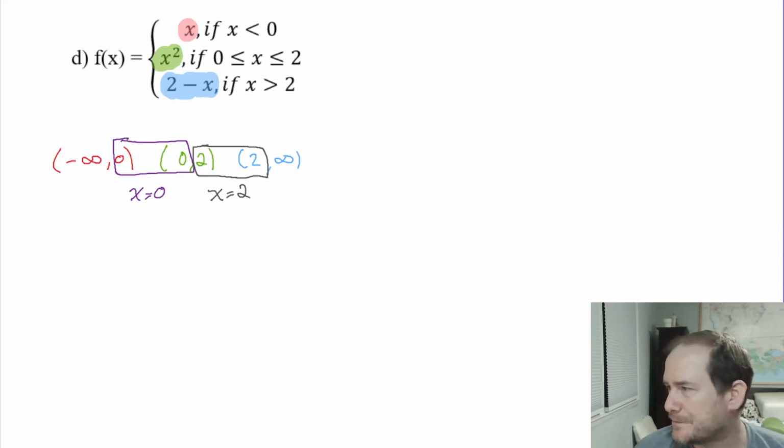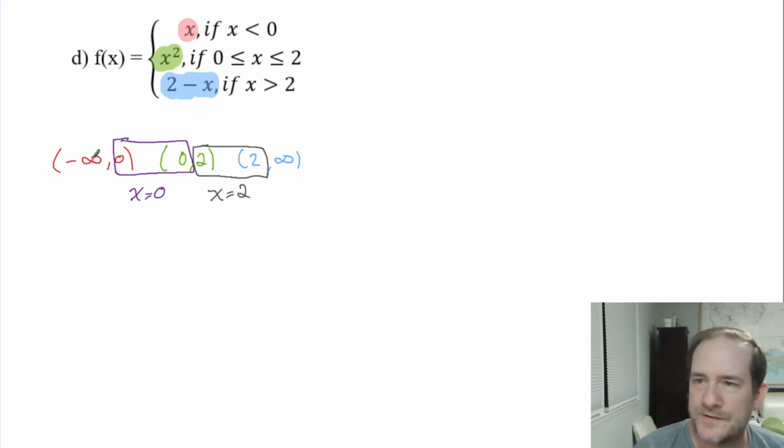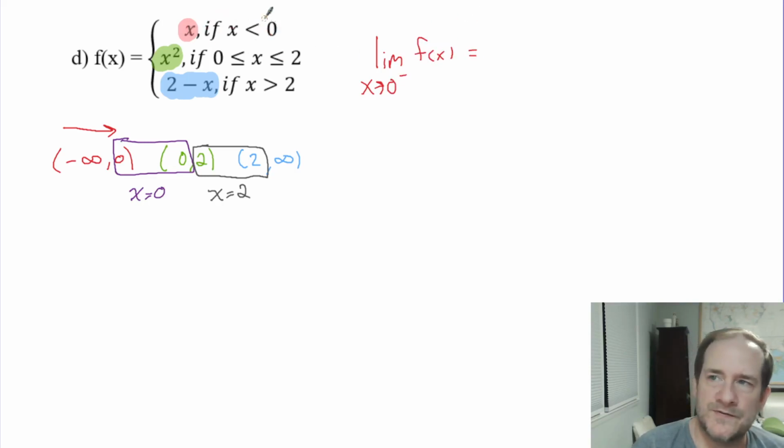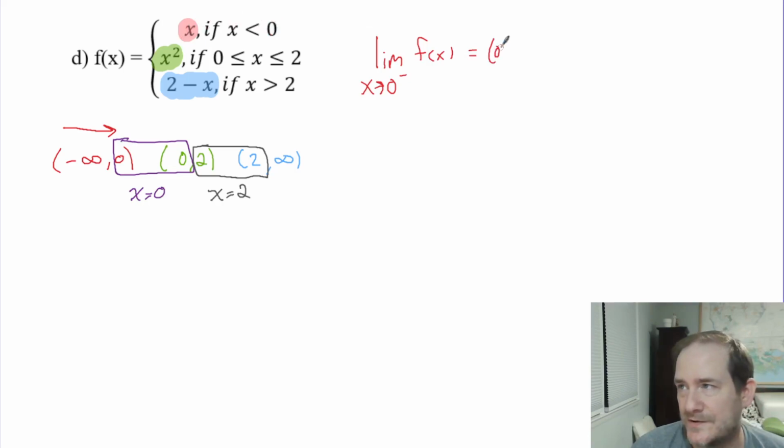So at 0, I would certainly be concerned about the limit as I approach 0 from the left. And guess what? The limit from the left is coming from this red function. So the limit as x approaches 0 from the left of this function, I get that by just plugging 0 into this function, which is literally just x. So you plug 0 in for x and you get 0.